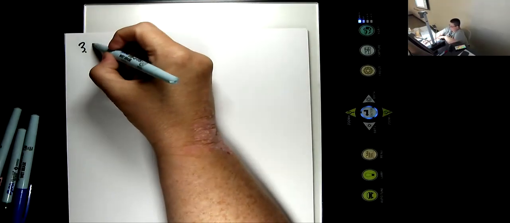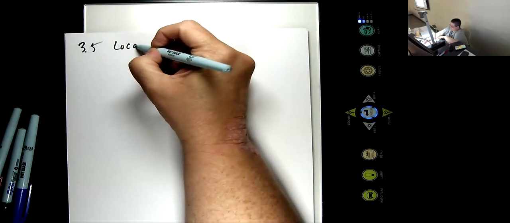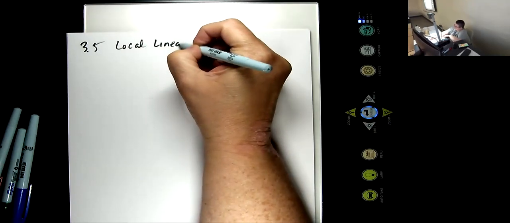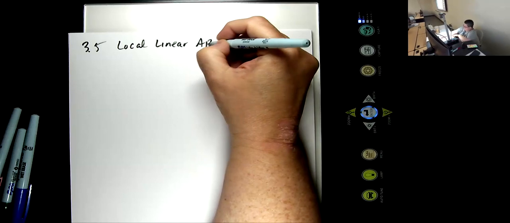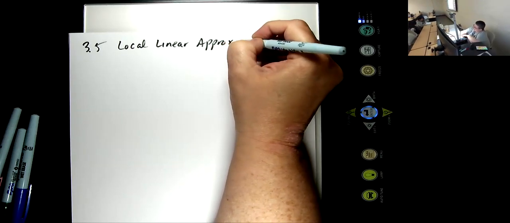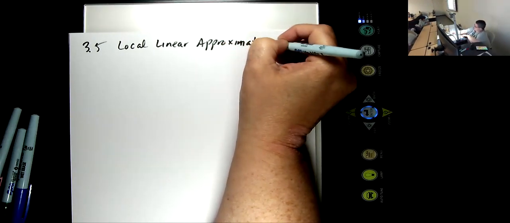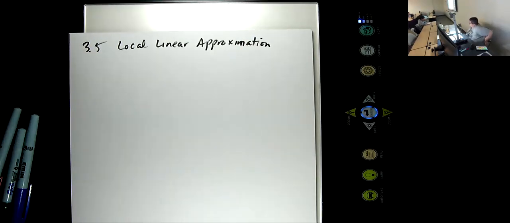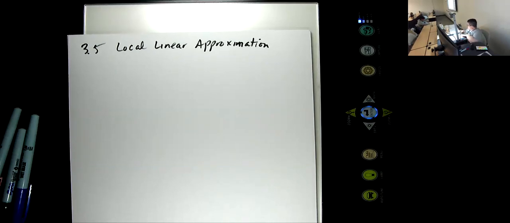Okay, this is on 3.5. This is called local linear approximation. So what we did with the rates of change are called differentials.